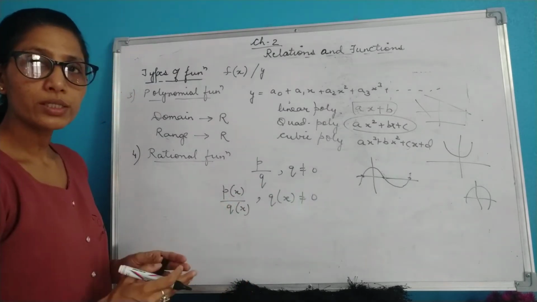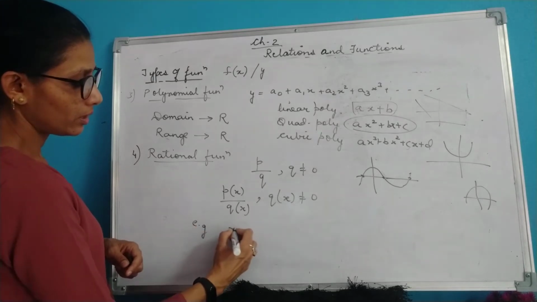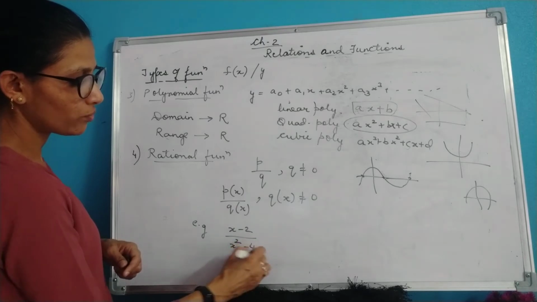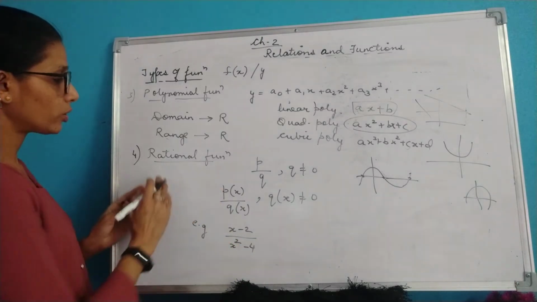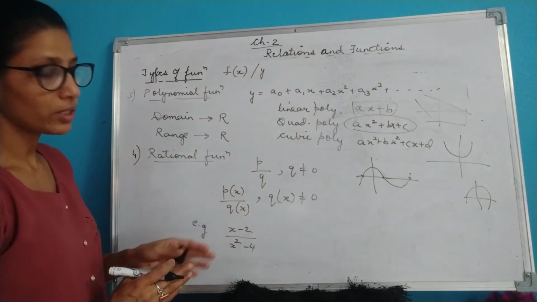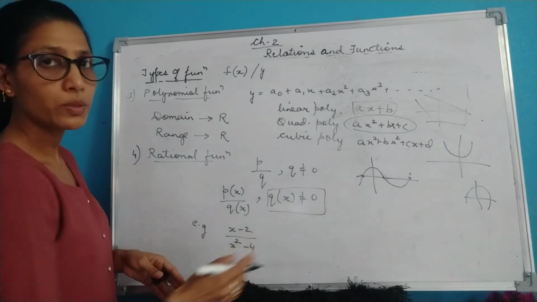Px and qx are polynomials. So say for example, this is x minus 2 upon x square minus 4. This is your rational function which is in px by qx form. So here the condition is qx should not be equal to 0.